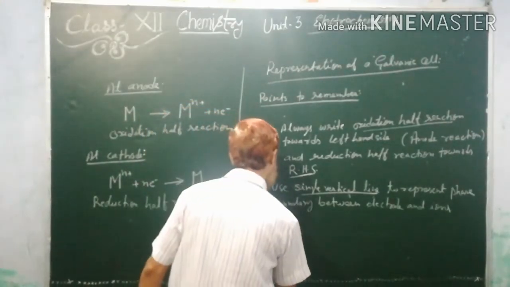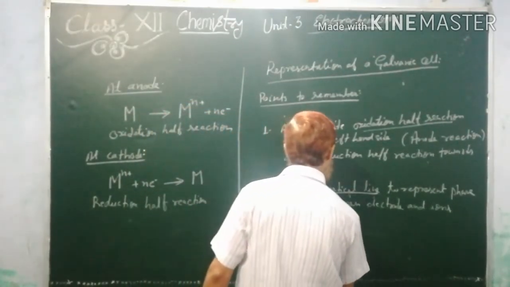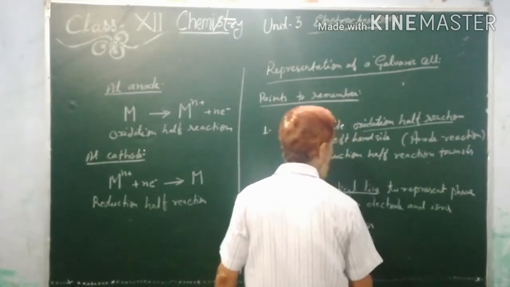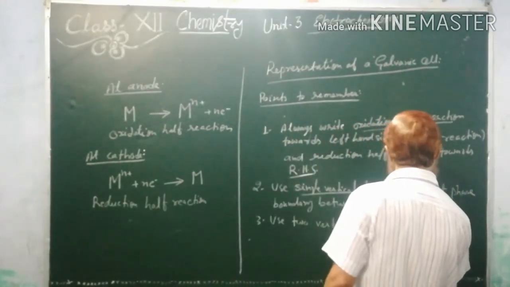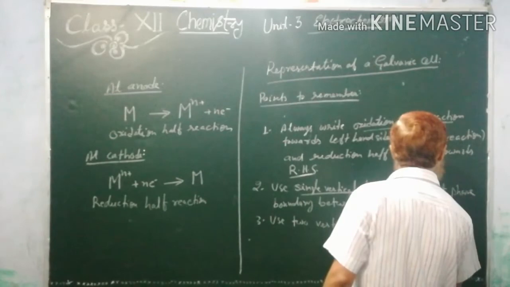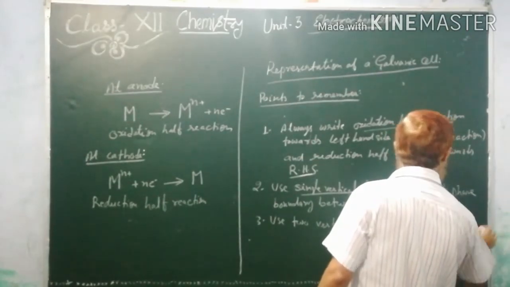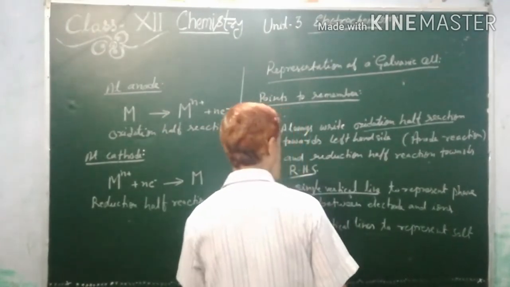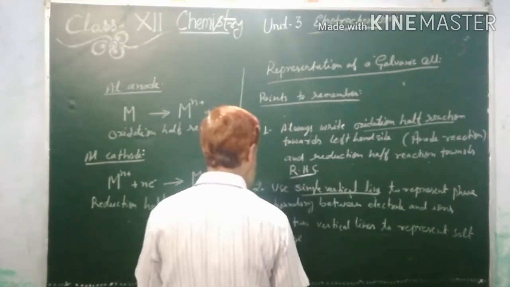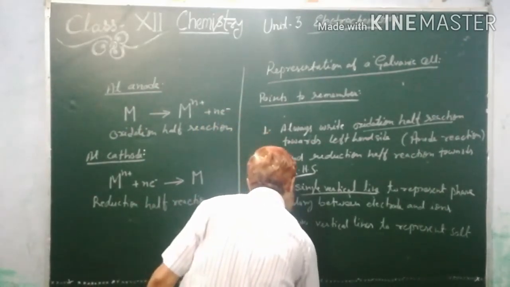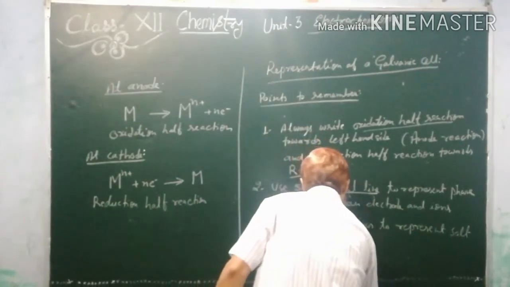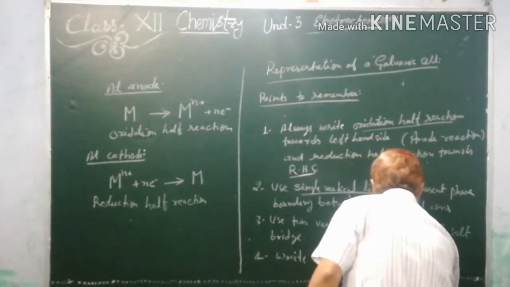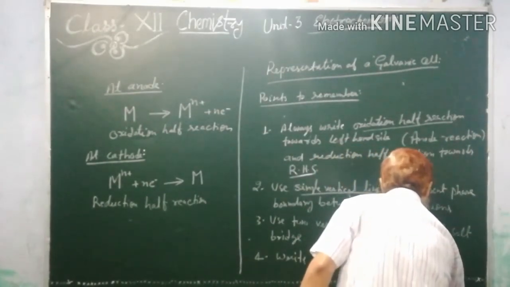And third is, use two vertical lines to represent the salt bridge. And the fourth and last is, write the concentration of ions in brackets.